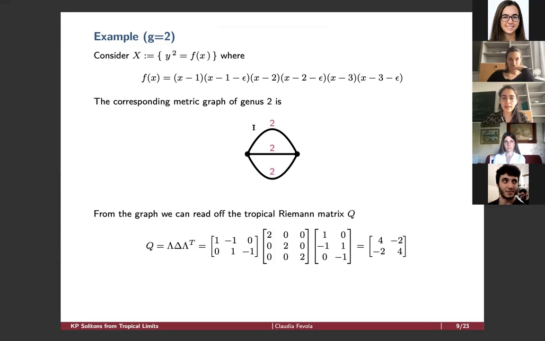And this is given in this case by this picture. And from this graph, we can read off the tropical Riemann matrix Q. And so this is the lambda matrix that we defined before. And then we have this matrix in which we have a 2 for each edge length of the matrix. And so in this case, this is the Riemann matrix.